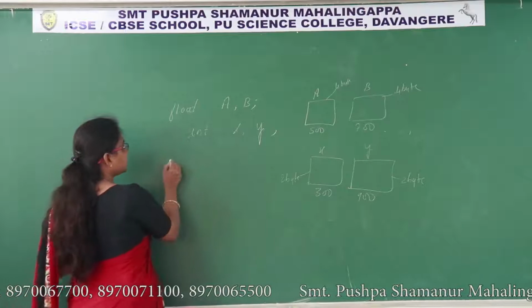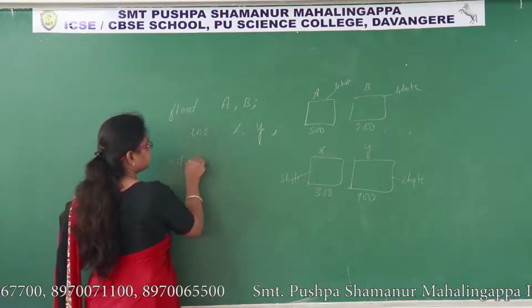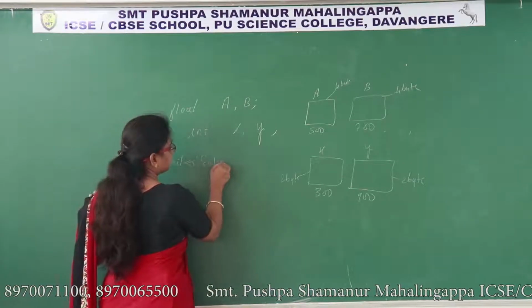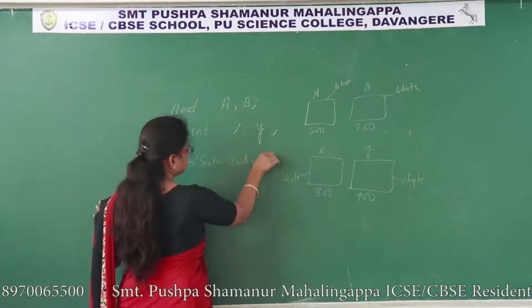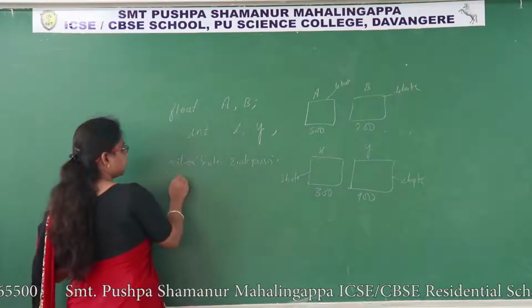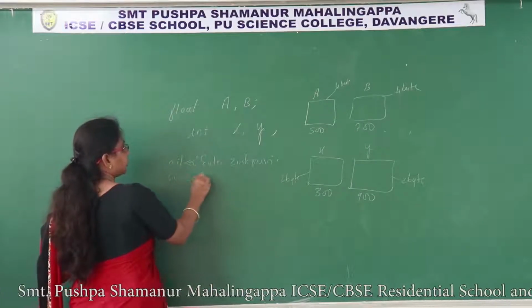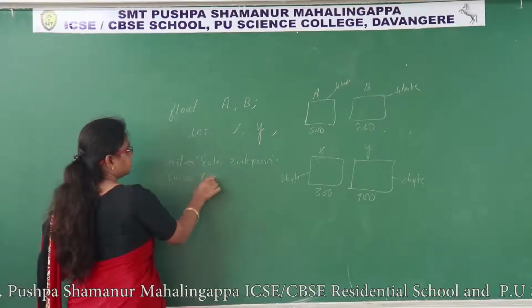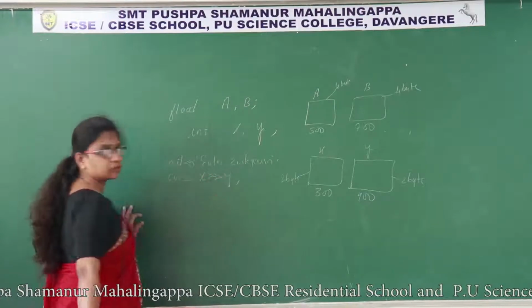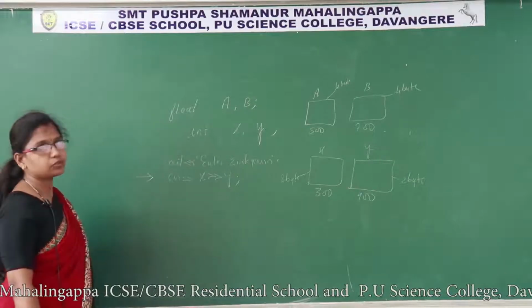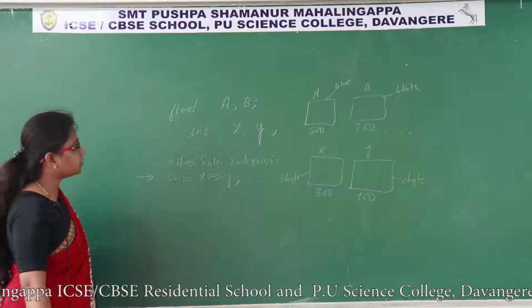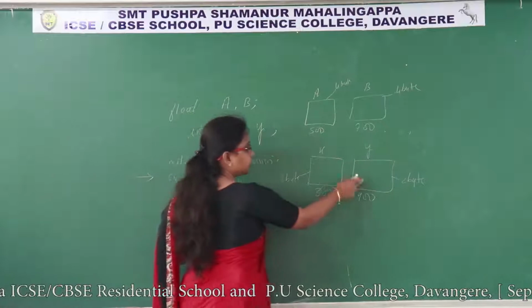After this we can write a statement like this: cout, enter 2 integers, isn't it? cin extraction, integers, x and y. So when this line executes, what happens? The user has to input values, and those values have to be stored in these two memory locations.